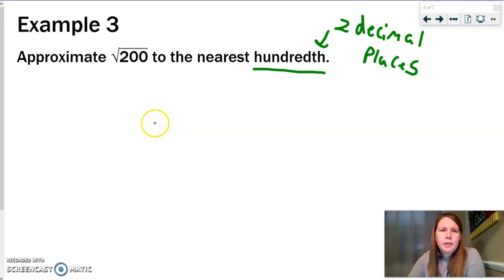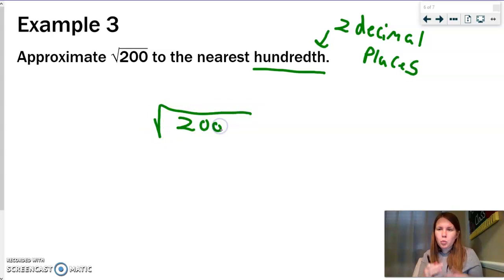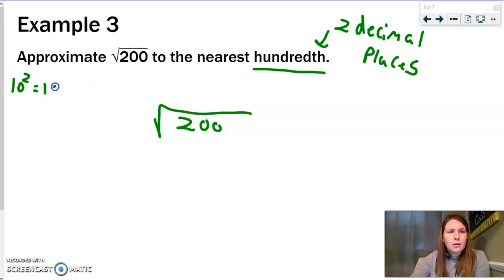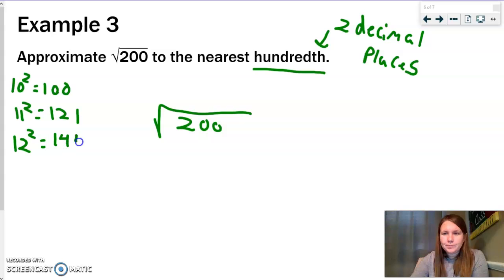So again, I want to think the square root of 200 is close to what two numbers? Let's start with that. Again, I know that 10 squared is 100. 11 squared is 121. 12 squared is 144. 13 squared is 169.